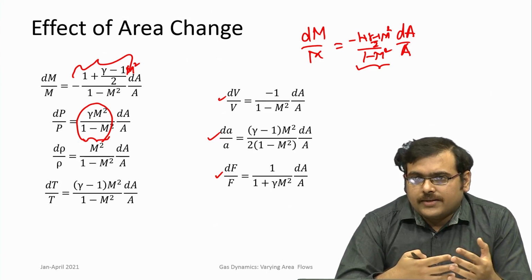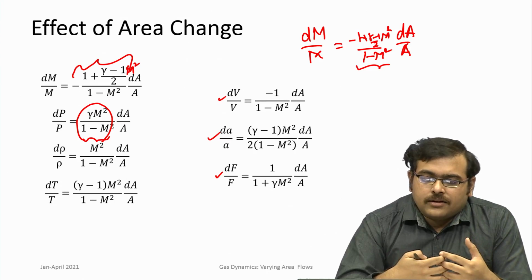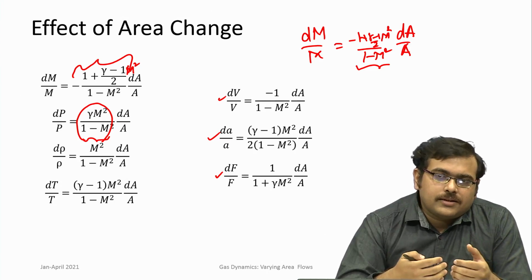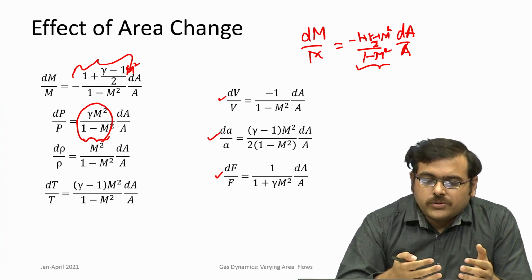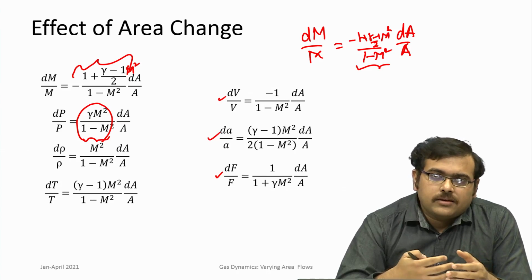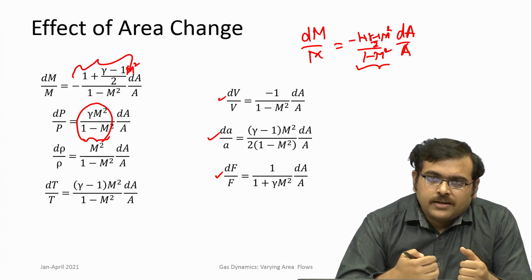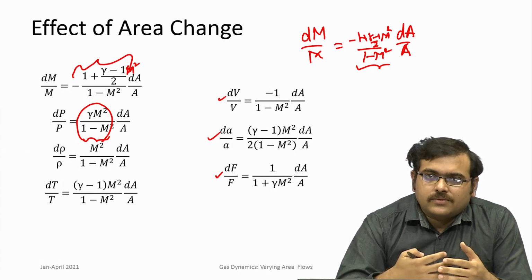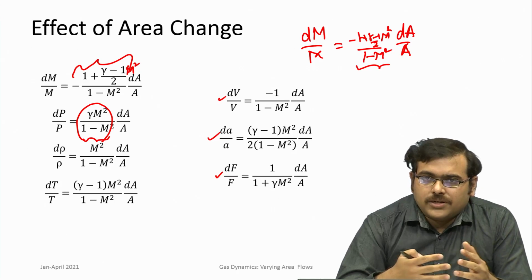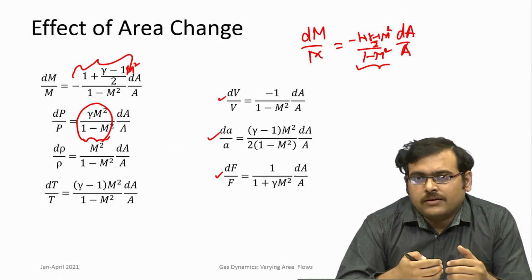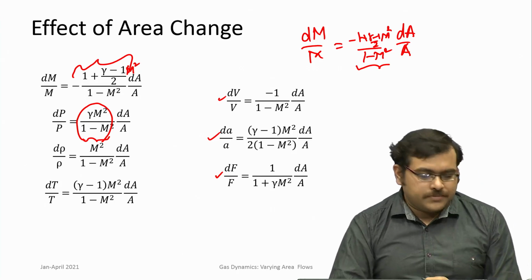So if you want to analyze such problems, the influence coefficient method is a very useful method. This idea is being introduced very early on, but later we will see how they can be combined together in a special lecture on combined effects.